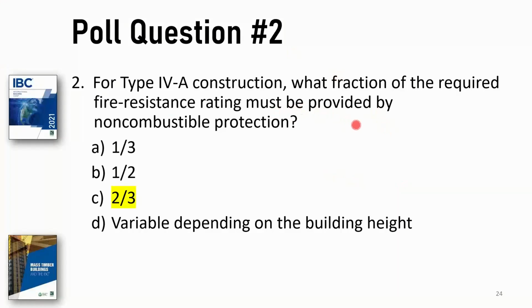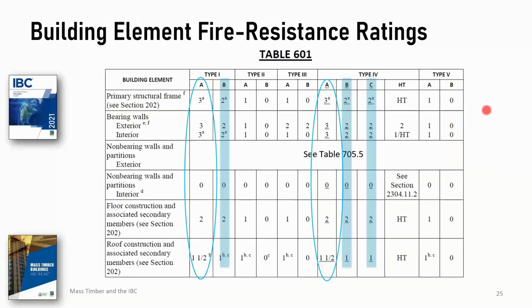Type 4A construction, when it's required to be fire resistance rated, always requires 2/3, no matter what the height of the building. If it's required to be 4A, 2/3 of it has to be achieved by the non-combustible protection. This was a tricky throw off there. There's other things that do depend on the height.